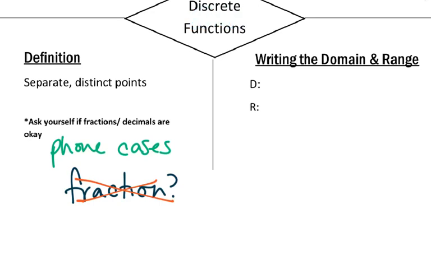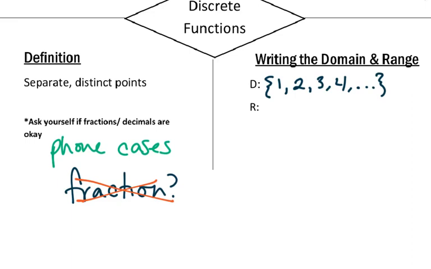So if we look at our graph, when we write our domain and range, we have to write it like a discrete domain and range. What that means is that we have to list the x values from the table. We had 1 cell phone case, 2 cell phone cases, 3 cell phone cases, 4 cell phone cases, and we could keep going on with the number of cell phone cases.